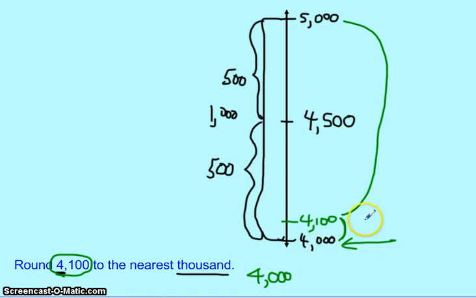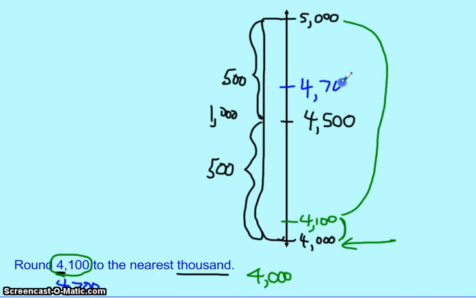All right, so let's take one more number on here. If you would, mark where 4,700 would be. Mark that on your vertical number line. If you mark somewhere right in here, you would be correct.